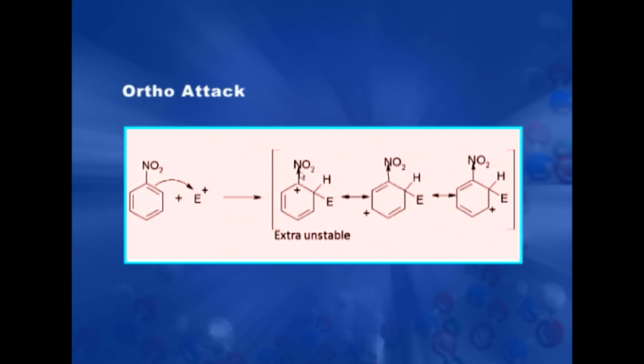So, it intensifies the positive charge. Intensification means this resonating structure becomes extra unstable. So, the contribution of this structure towards resonance decreases. So, out of these three, one is less stable, and its contribution towards resonance is less.